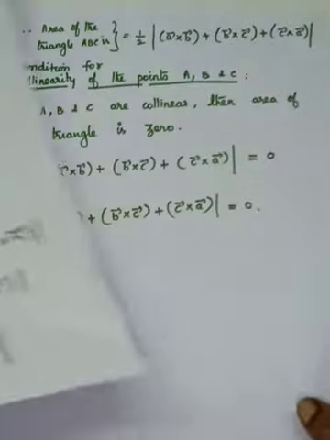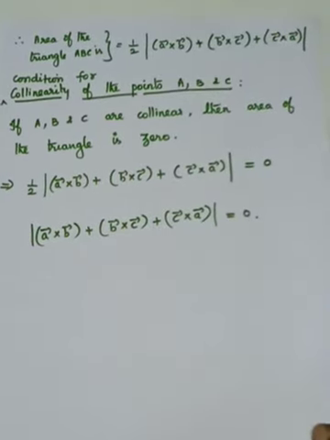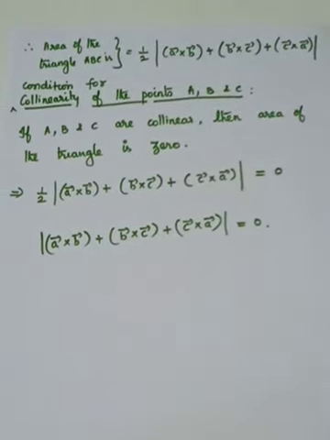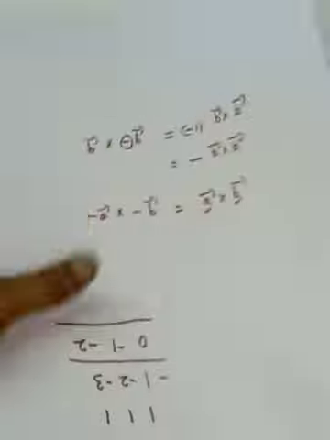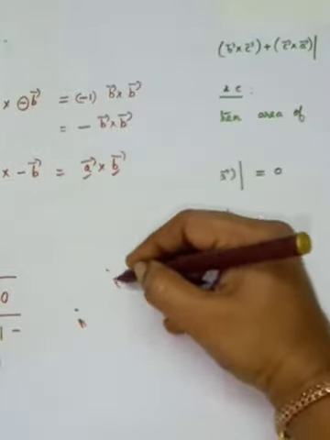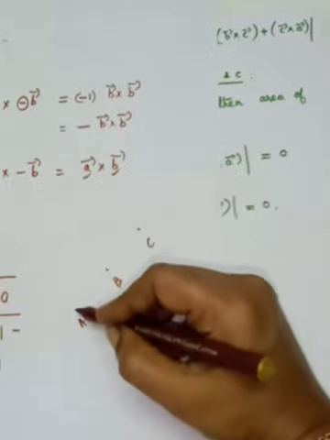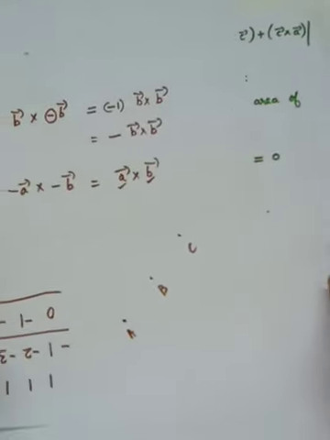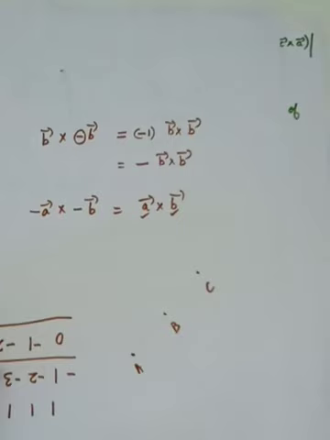And what is the second one asked? From that you have to deduce the condition for collinearity of the points. You see that if the 3 points lie on a line, we can't draw a triangle. Now here A, B, C lie on the same line. Can you draw the triangle using these 3 points?